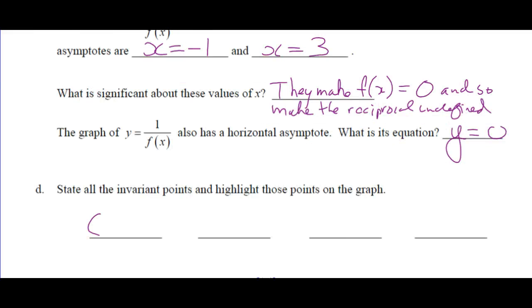What's the first one? -1.2 and 1. What's the next one? -0.7, -1? All right, I'm just reading them off. What's the next one? 2.7 and -1?